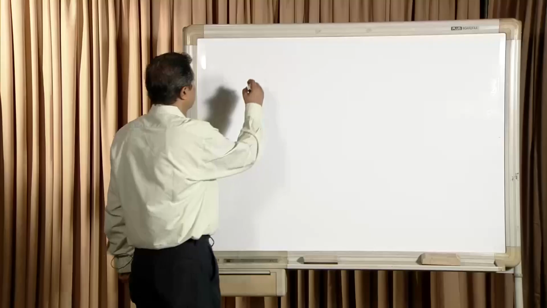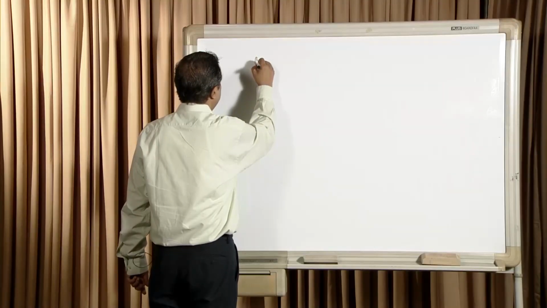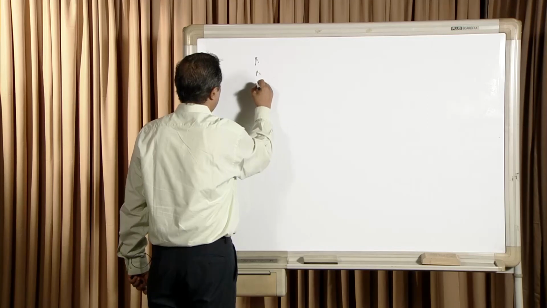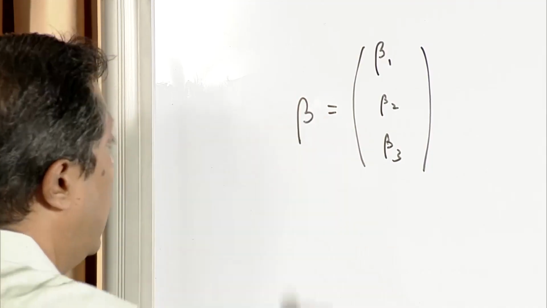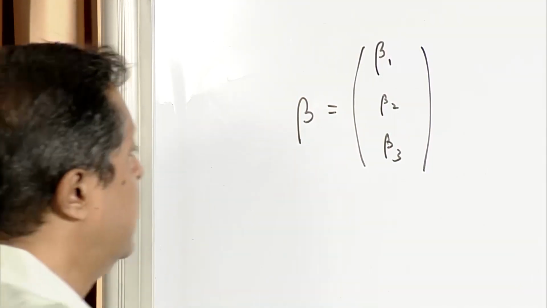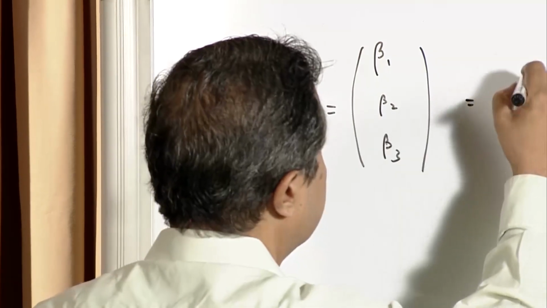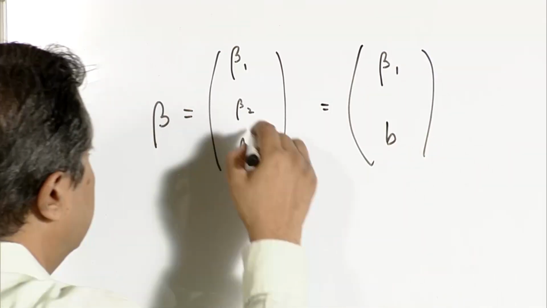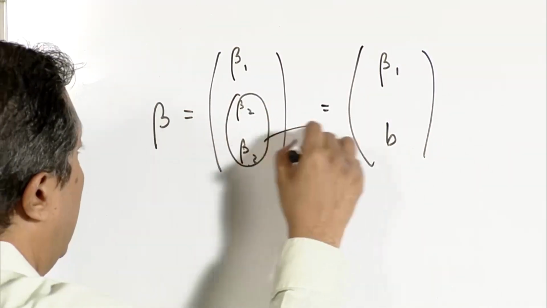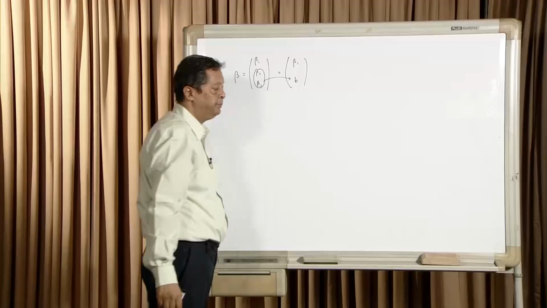So, viewers, now we will take a look at the matrix formulation of the 3 variable model. The model has 3 parameters beta 1, beta 2 and beta 3, which we write as beta, and we also write it as beta 1 and b, where beta 2 and beta 3 are written as a vector b.